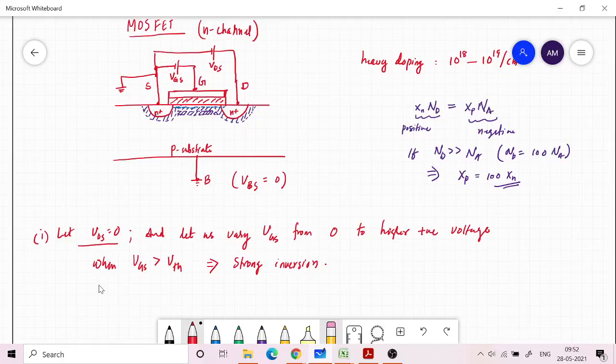This will basically connect the N plus source region to the N plus drain region, so you have now a path which is full of electrons, and therefore you can treat this layer from source to drain, because of the availability of mobile carriers which are electrons, as a conductor.